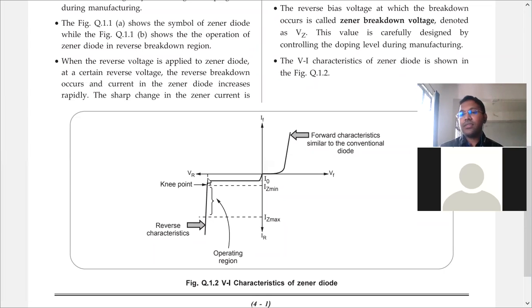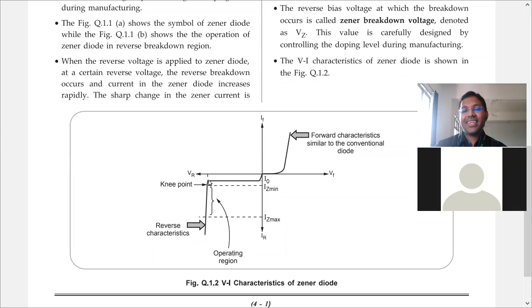It will pull out the electrons from the valence band, or you can say rupture of covalent bonds takes place. When you gradually increase the reverse voltage and it is sufficiently high, a high electric field intensity is generated across the depletion region, which pulls out the electrons from the valence band. So charge carriers are generated.